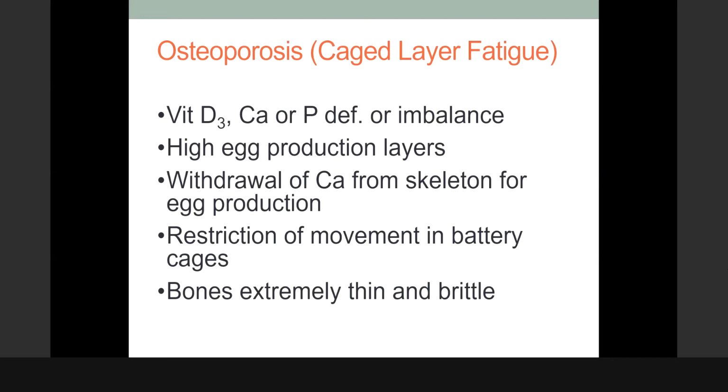But one happens at a young age because they don't have enough calcium to develop the bone. The other happens at an older age. The bone is already well developed, and then they reabsorb the calcium. One is hard to break, one easily fractures. Rickets is replaced by cartilage, while osteoporosis leads to fragile bones because they reabsorb the calcium. So the same problem, different age, different manifestation.